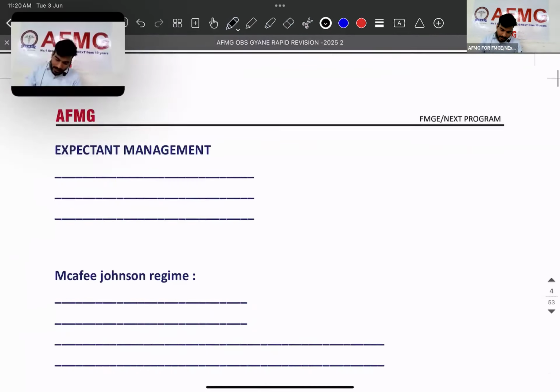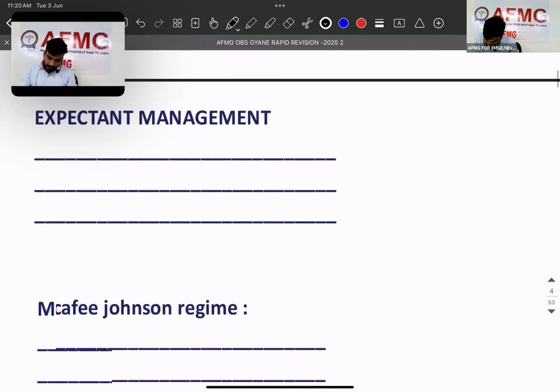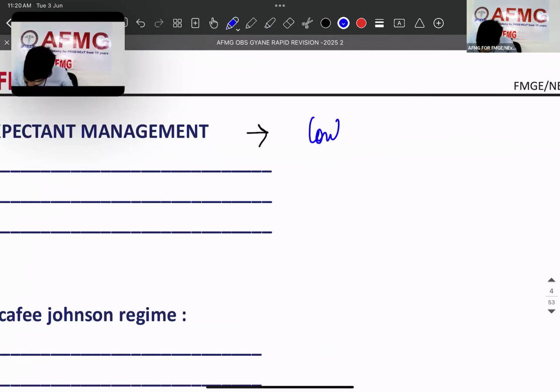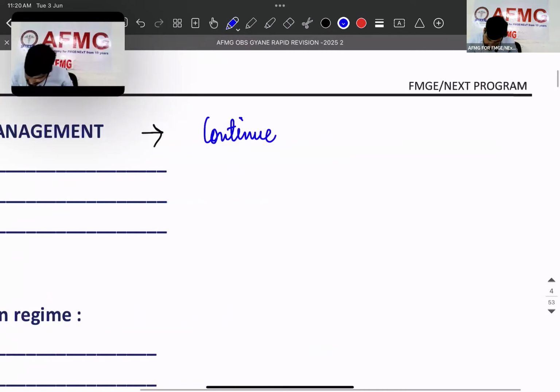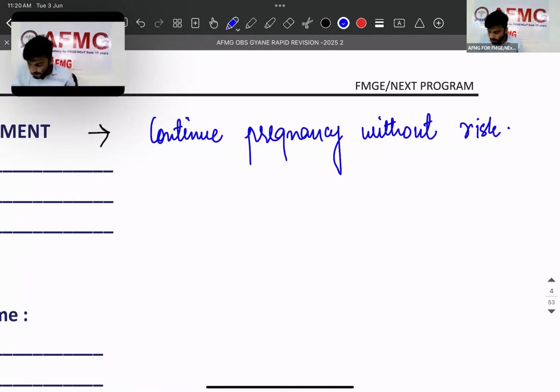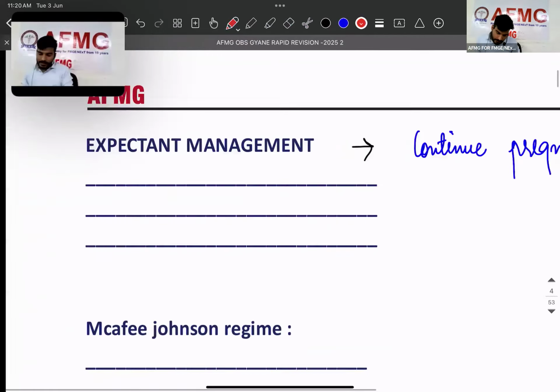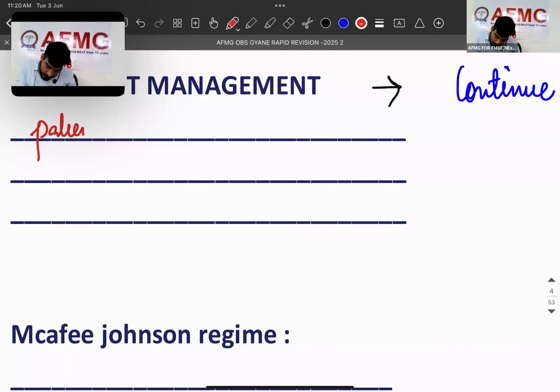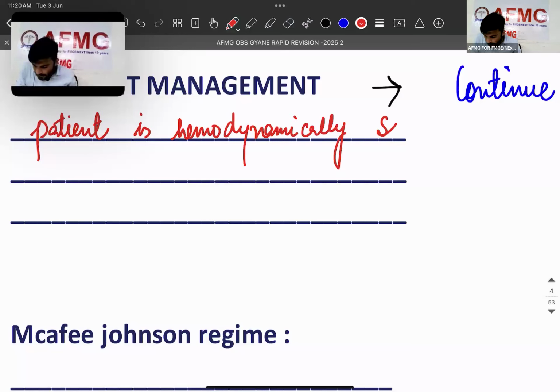So what is expectant management? Expectant management means you continue the pregnancy without a risk. First thing. Second thing, the patient should be hemodynamically stable.